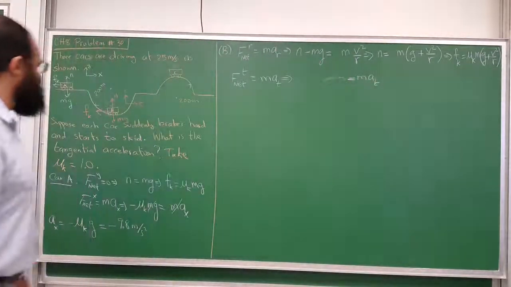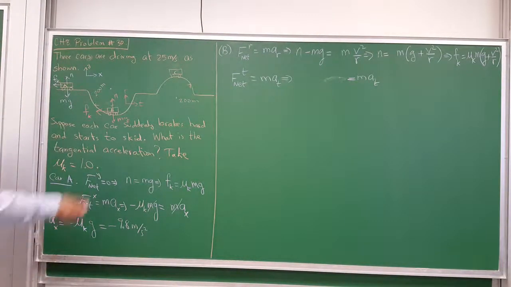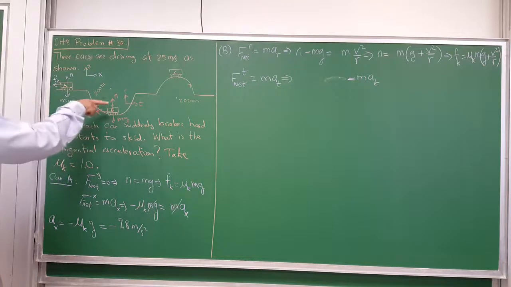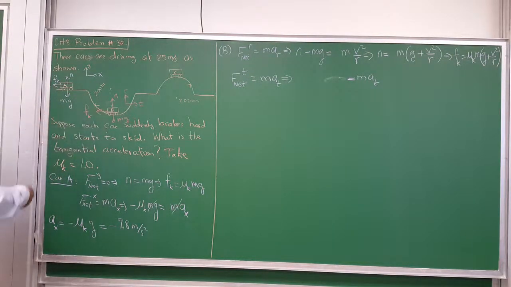What is the force in the tangential direction? There is only one, the force of friction. If the tangential direction is this way, I'm assuming the force of friction is to the left, because it's skidding to the right, so friction will be to the left.